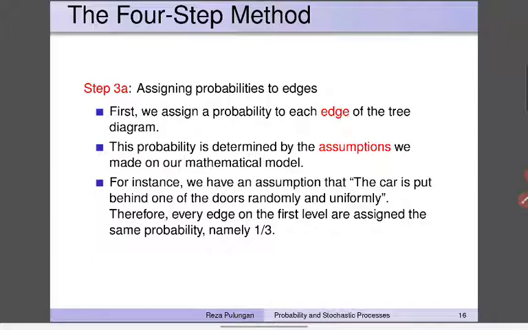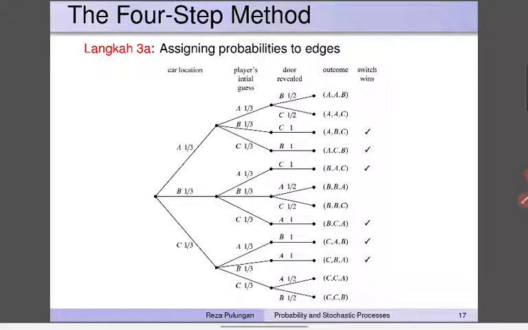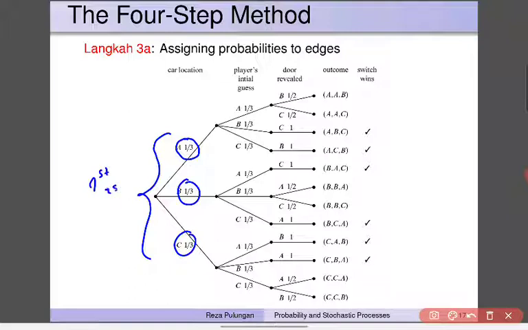Uniformly means that for every alternative, we give all of the alternatives the same probability. Therefore, because there are three alternatives, every edge on the first level is assigned the same probability, namely 1/3. So we give the probability of this edge 1/3, 1/3, and 1/3 because of our first assumption.